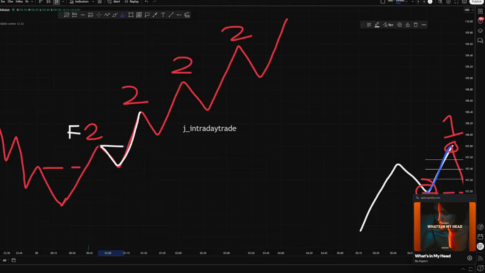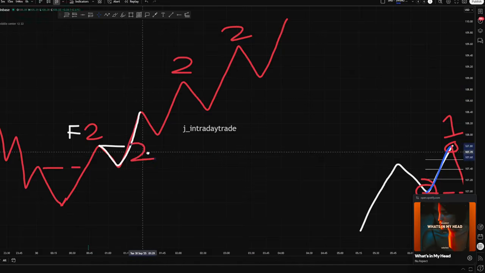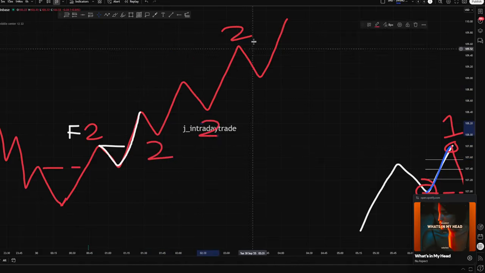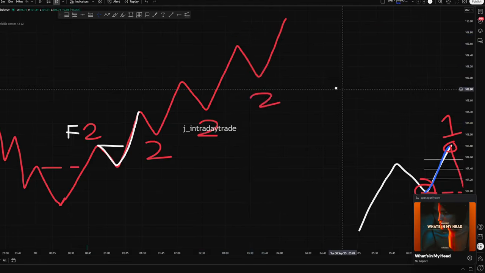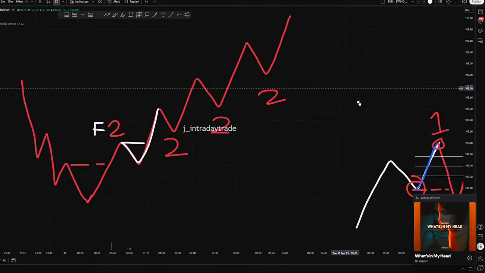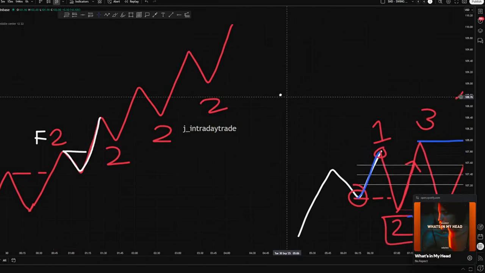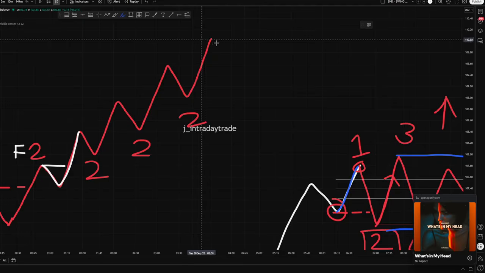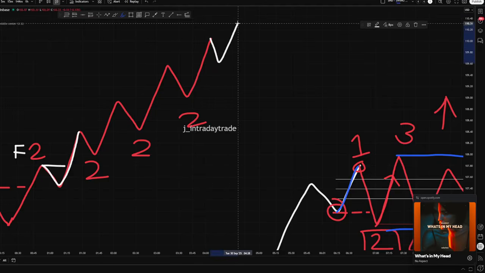So as soon as that happens, when you have a failed two, the twos can no longer be put up top like this. It now officially switched to the bottom. And now a lot of people feel good again. So price runs higher like this, and then price does this thing right here.